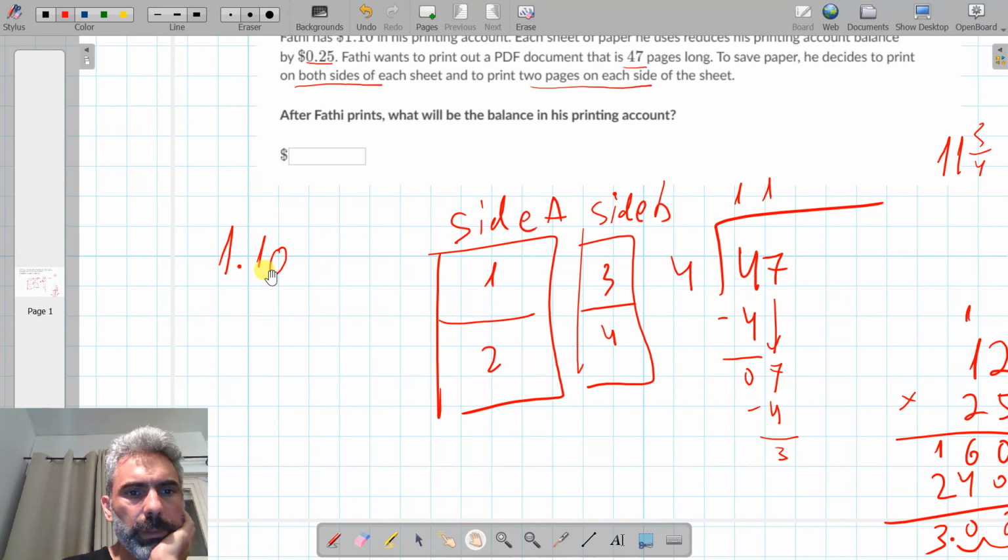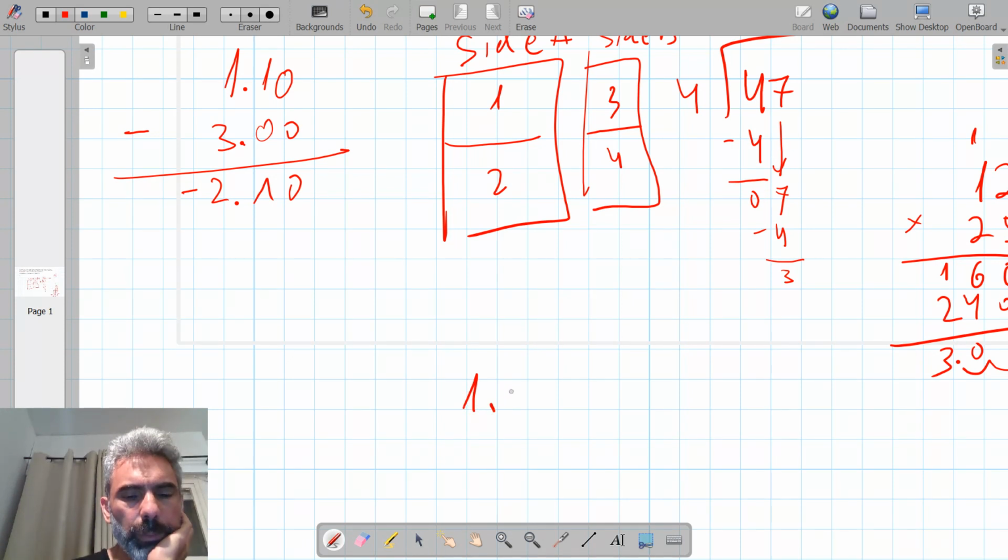Okay, so $1.10 minus 3. 1.1 minus 3. So one is positive, the other is negative.